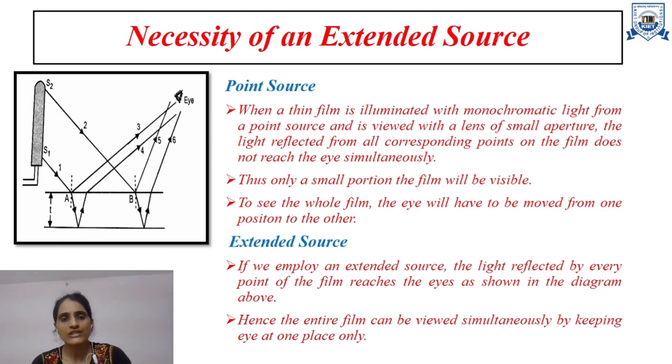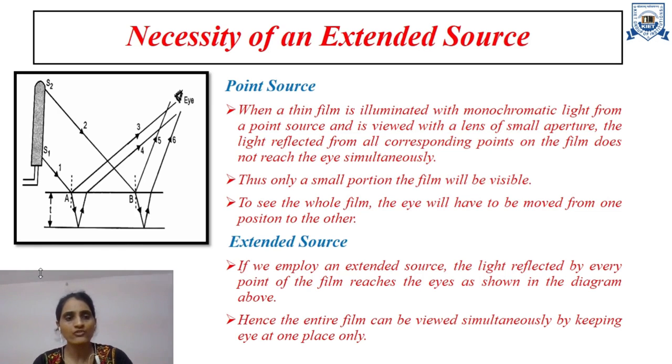But in place of a point source, if we consider an extended source, then the benefit is that if light is reflected from point A and from point B, then the reflected rays 3 and 4 emerging from point A and the reflected rays 5 and 6 emerging from point B can all be viewed simultaneously through our eyes at one place.